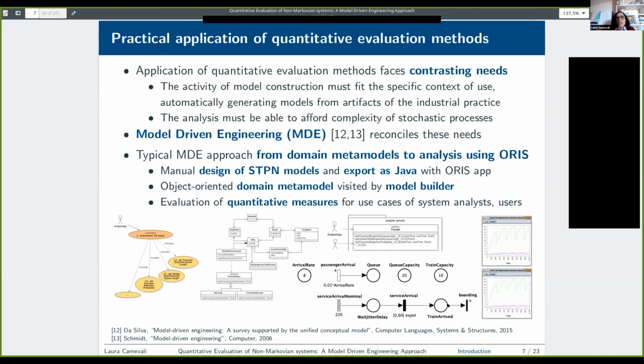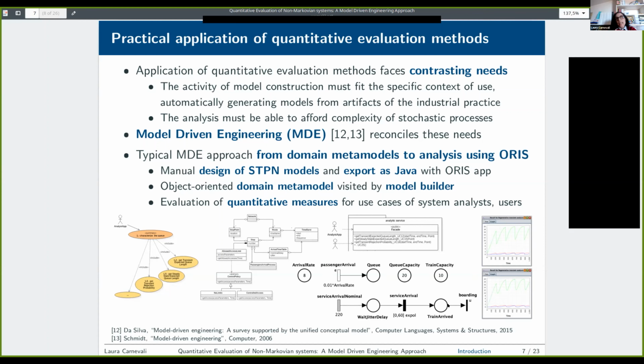And of course, when a stochastic model is automatically generated from other artifacts, it is not easy to guarantee that the underlying stochastic process can be efficiently analyzed, because, as we have seen in the examples before, skills are needed to accurately model a non-Markovian system, and even small modeling variations may have a significant impact on the class and the size, and so the analyzability of the model.